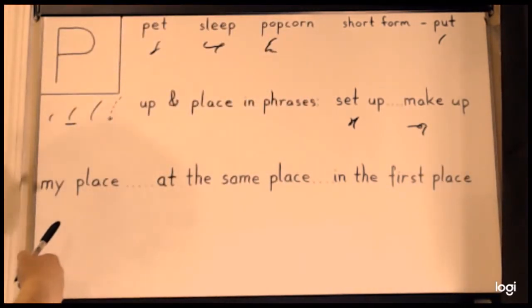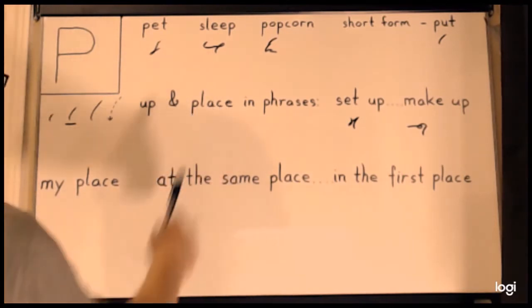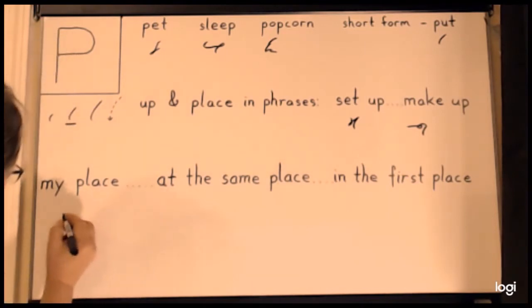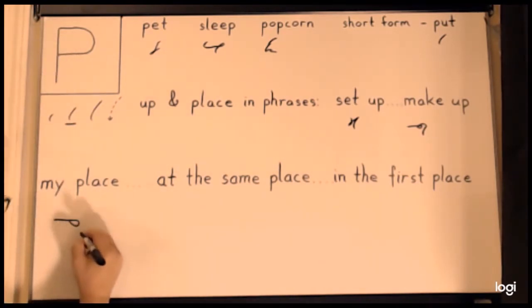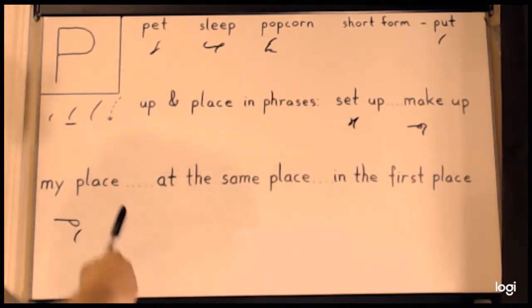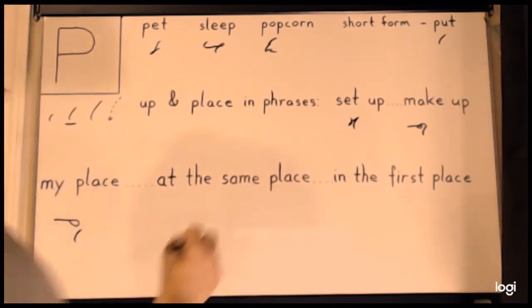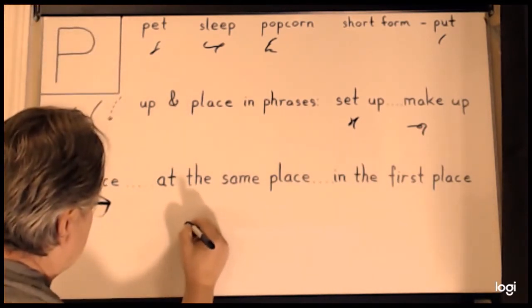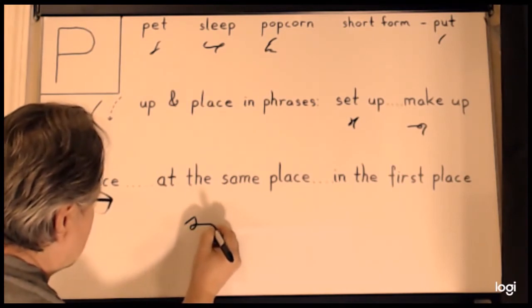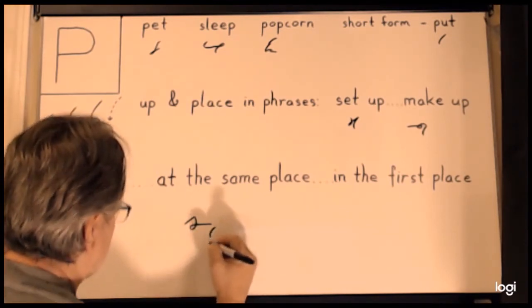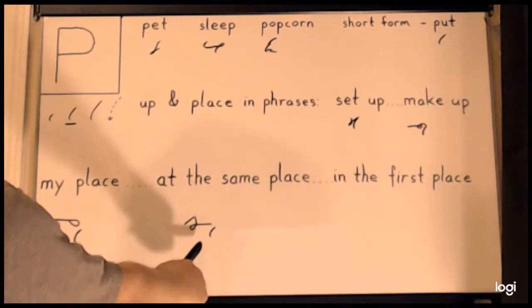Again, in this set, they will be separated to represent the word place. So my place, M-A, then P. At the same place, the T for at, S, AM for same, and then place. Again, disjoined.